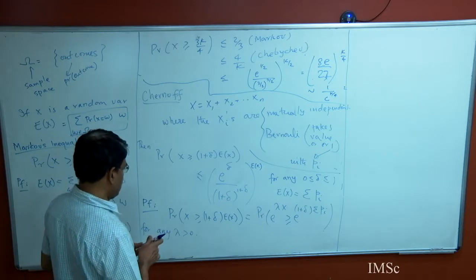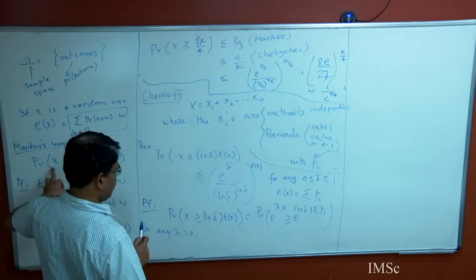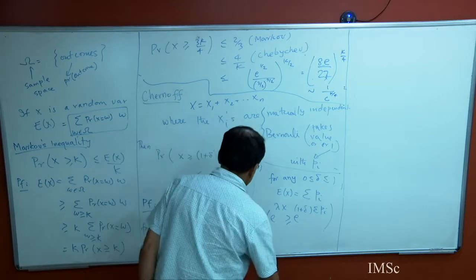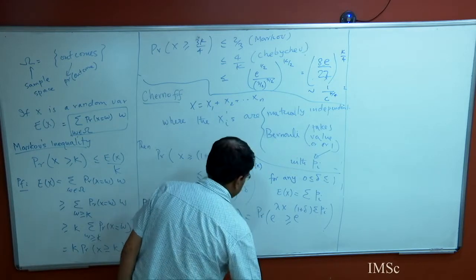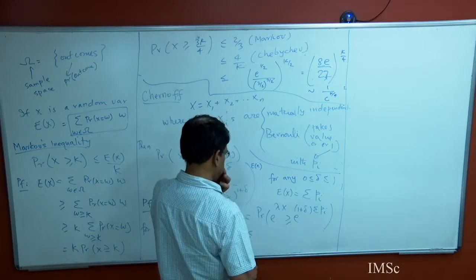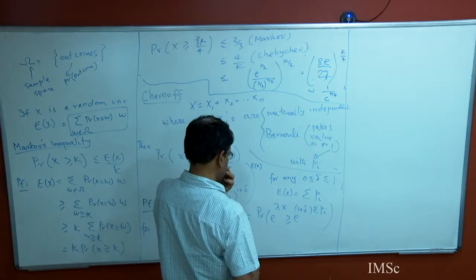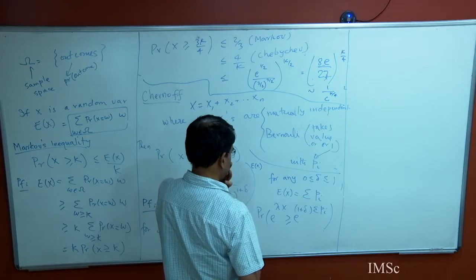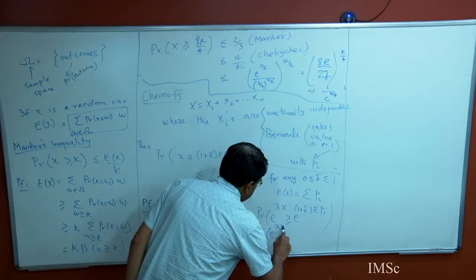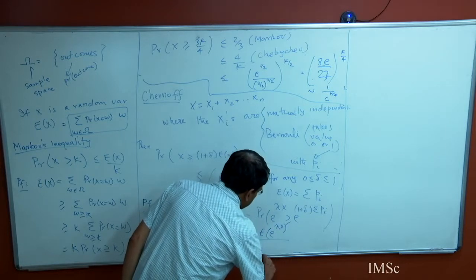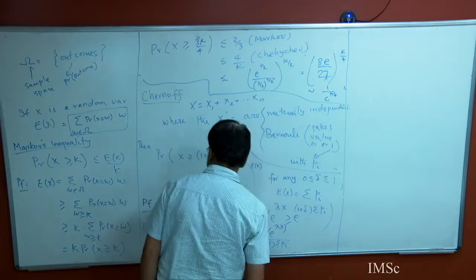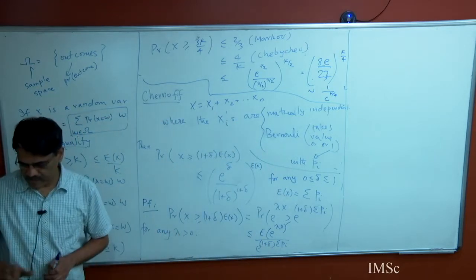Okay, so we're going to apply Markov's for e power lambda x. So then this is going to be less than or equal to the expected value of e power lambda x by e power lambda times 1 plus delta times summation pi. I've just applied this.